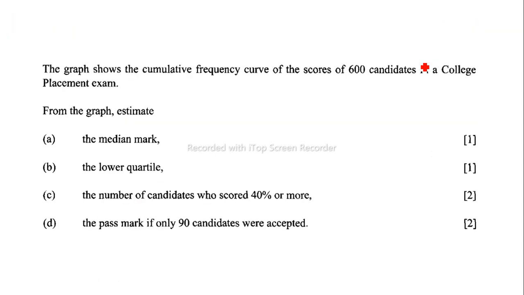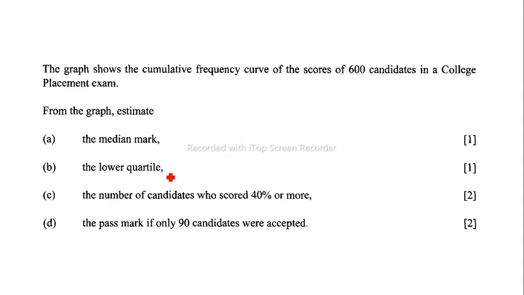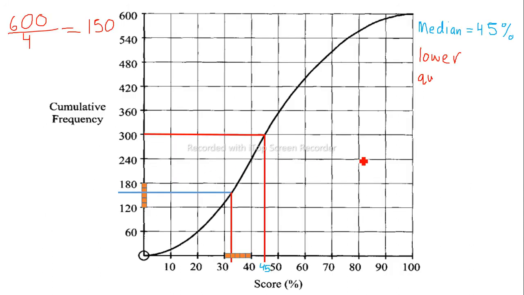So the lower quartile is, they didn't ask for the upper quartile, so I didn't do it. So the lower quartile is 33.